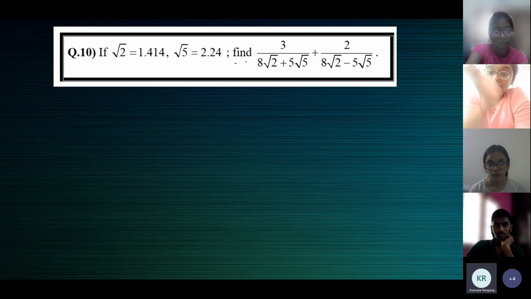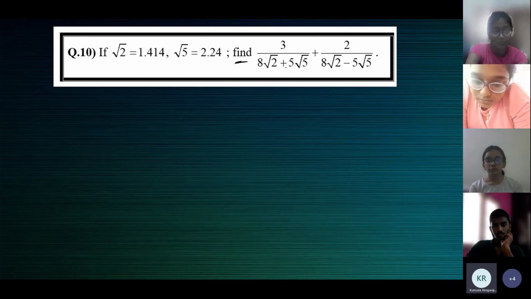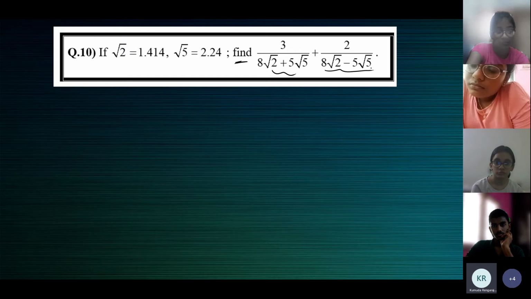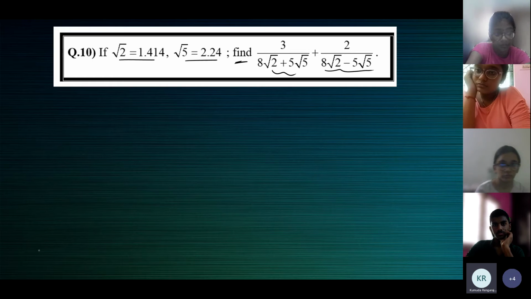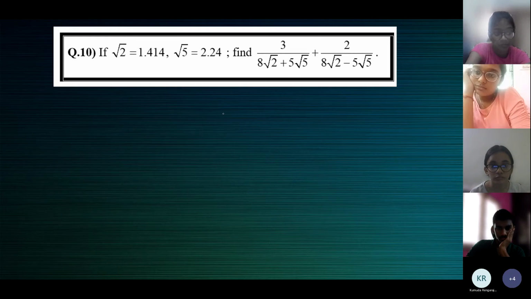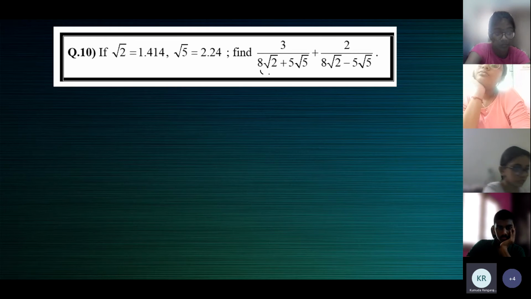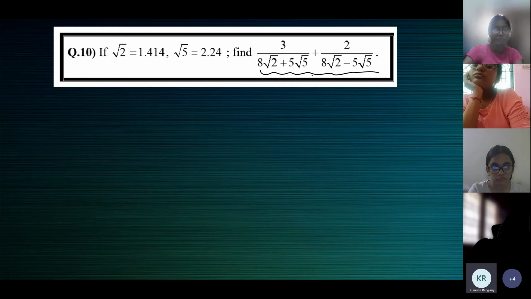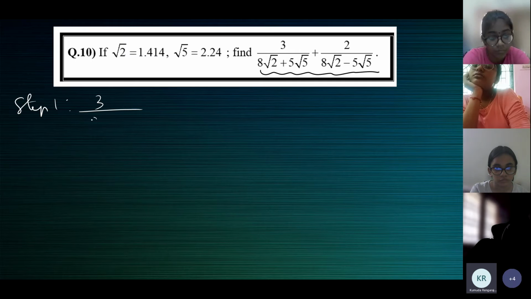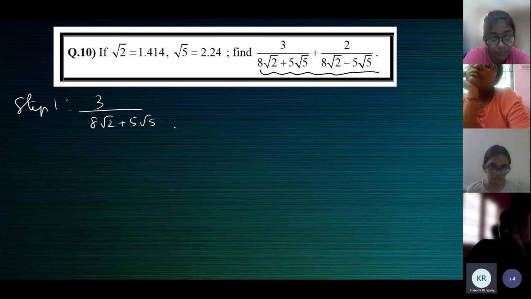See, find means what to do? You can only rationalize the denominator. After rationalizing the denominator, you should use the value of root 2 and root 5. That's all, nothing else. Now to simplify this expression, you have two methods. One is you can work step 1. You can take up only 3 by 8 root 2 plus 5 root 5 and rationalize it.